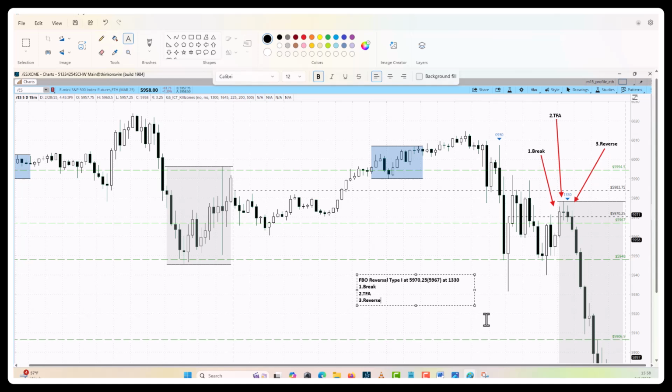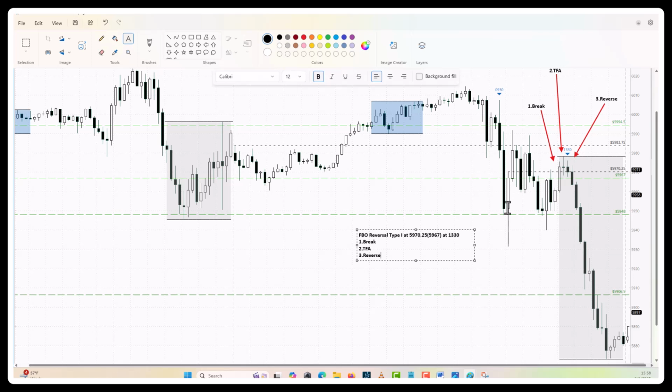And keep in mind that from 10 to 13:30 it just builds up.